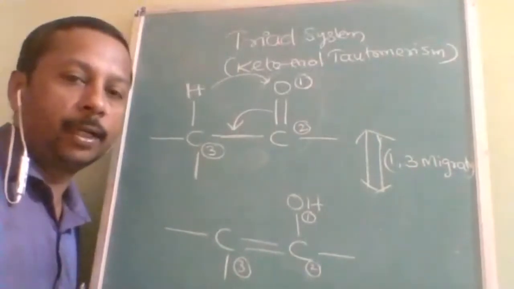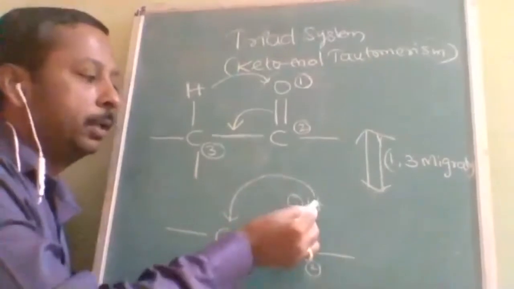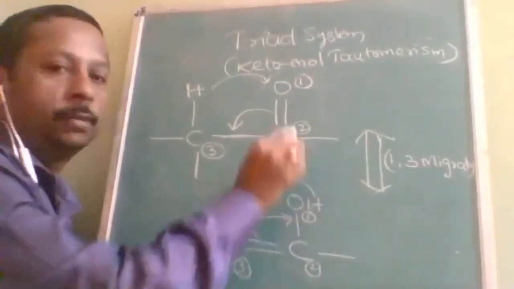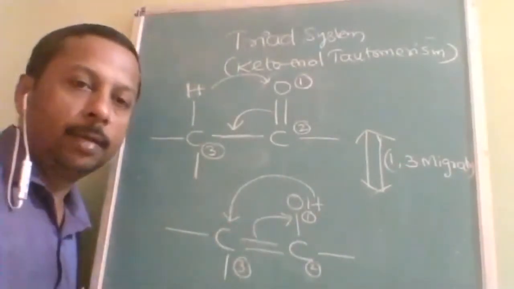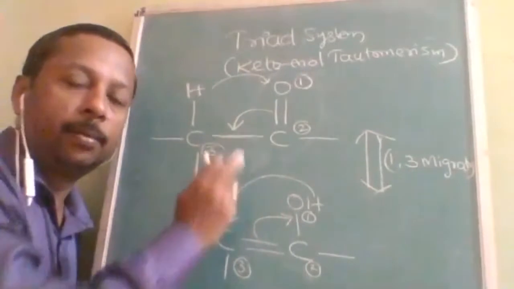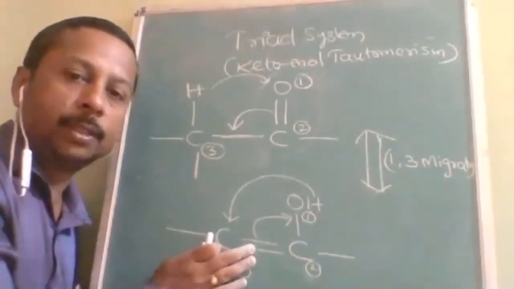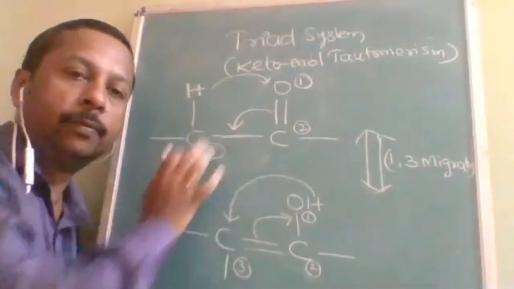After some time, what happens again? 1,3 migration again takes place. This hydrogen will migrate here, this will go back here. So the switch will always be available. But the number of molecules in this form or in this form may not be the same. That depends upon the stability. Suppose this form is stable, the percentage of molecules in this form will be more and in this form less.